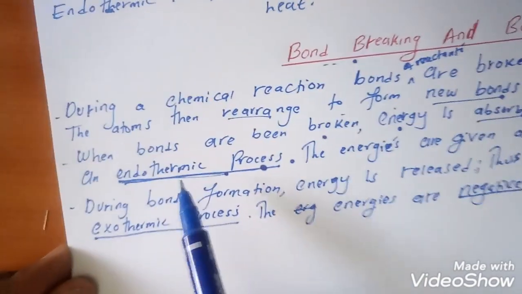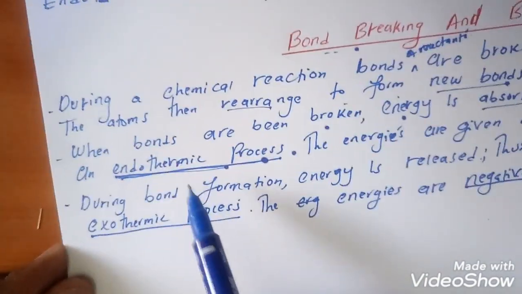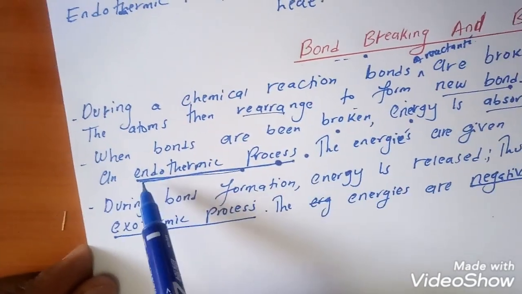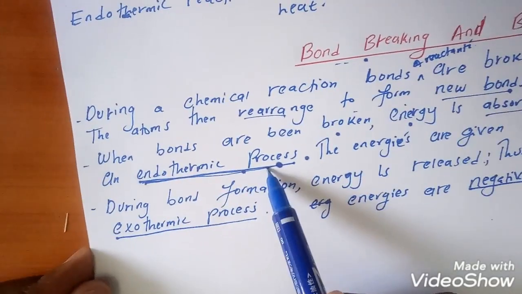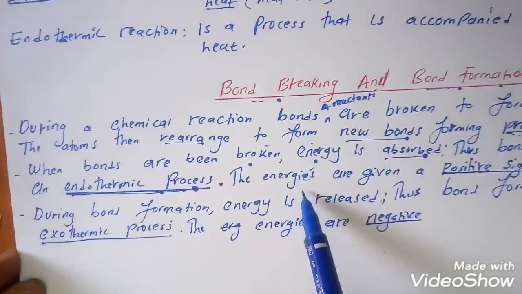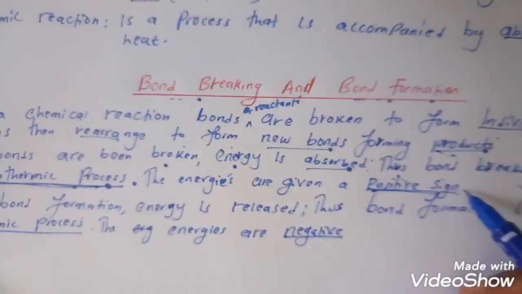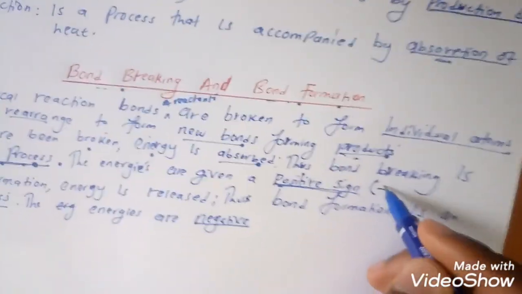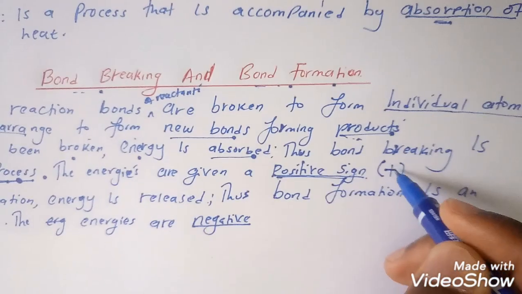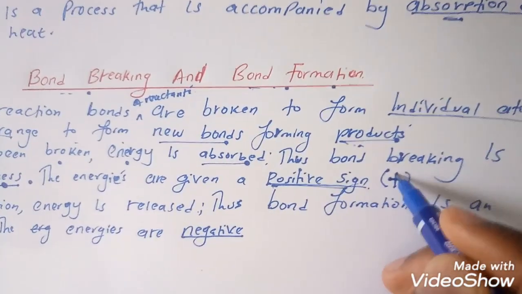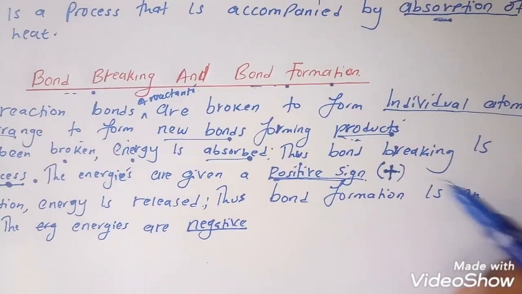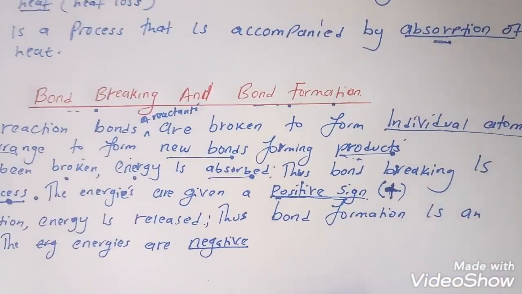And we're saying when bonds are being broken, energy is absorbed. Thus, bond breaking is an endothermic process. The energy is therefore, of course, given a positive sign. We said that when an endothermic reaction takes place, the energy is positive, absorption positive. Energy is being absorbed, positive.